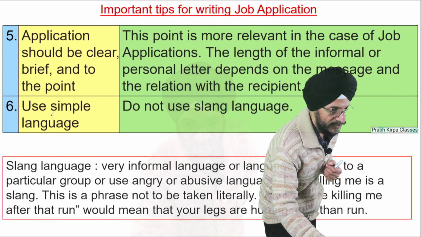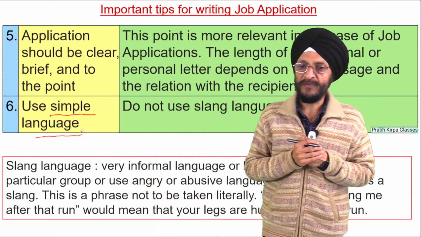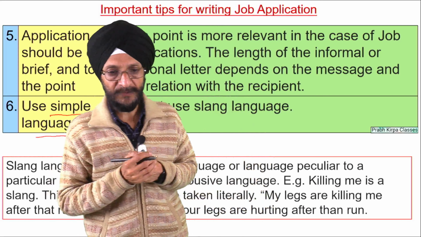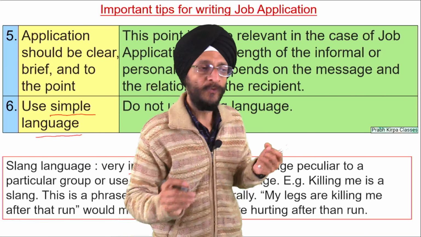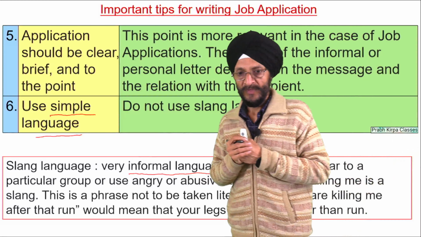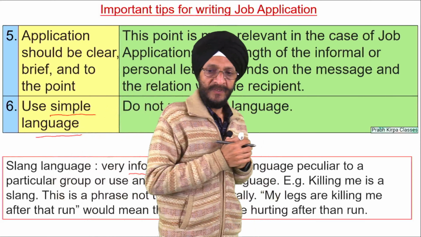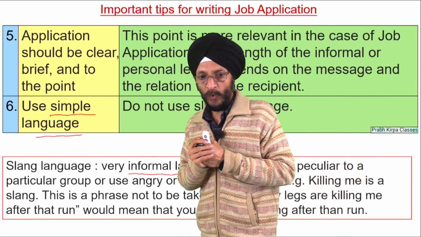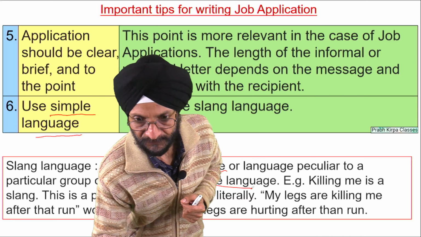Next point is use simple language. When we are writing a job application, we should not use slang language. Slang language means very informal language. That is the language we use while writing a letter to our friend or relative. Or slang language means a language which is used in a particular group, or when we use angry or abusive language.